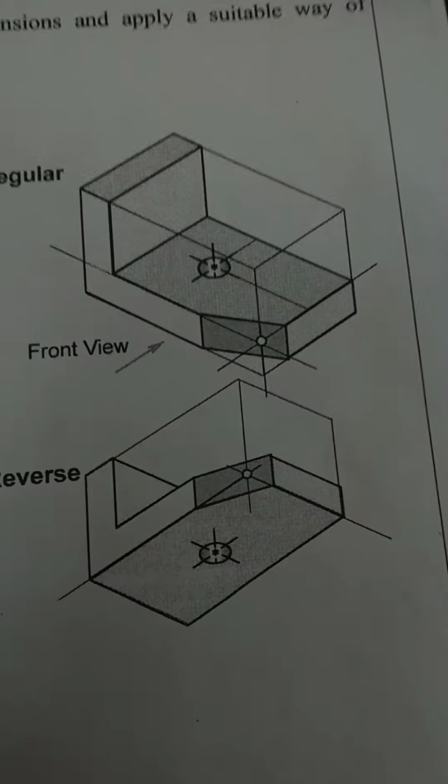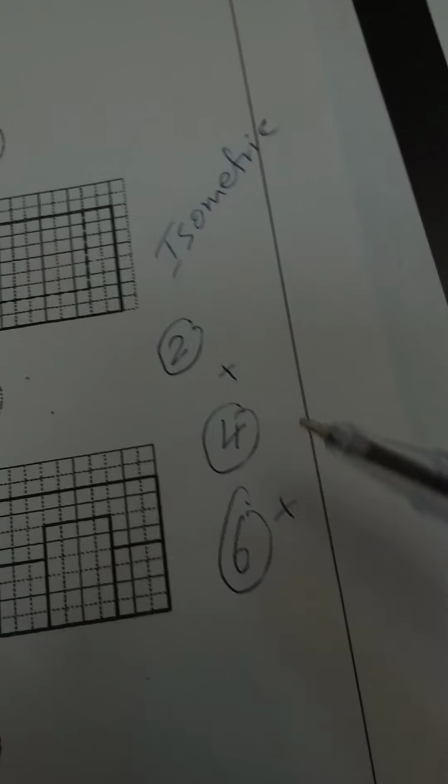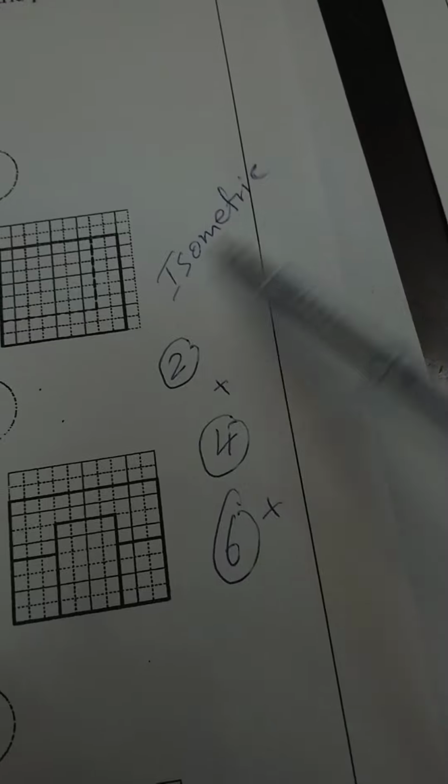For the isometric technique we can follow the same procedure as we did for part 1 of assignment 7. Okay, now for shape 1, 3, 5 oblique method, and for shape 2, 4, 6 we can use isometric technique to draw it.